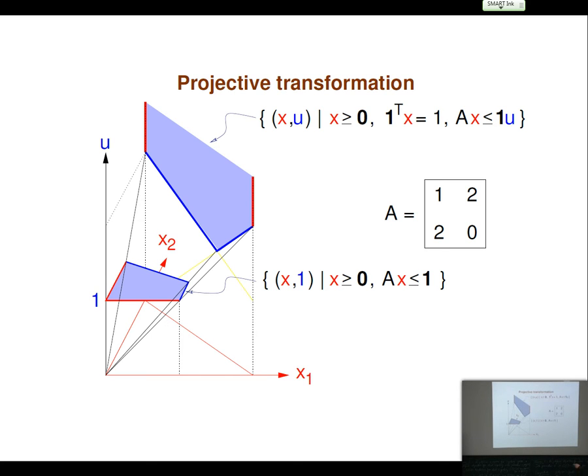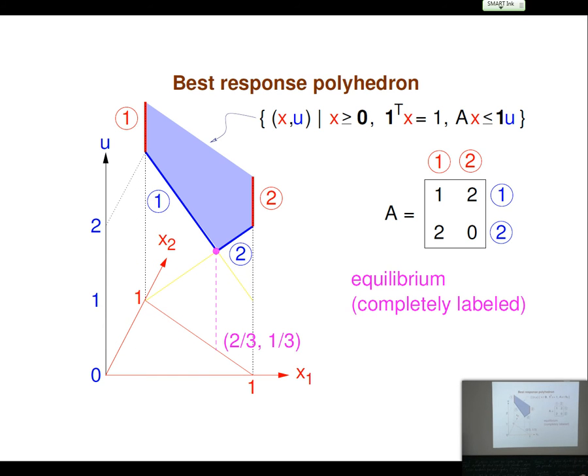It's a single variable, and that gives us a polyhedron where essentially for any mixture Y that the column player plays, this polyhedron is encoding what is the best response of the other player. So if we're over to this side of this point, it's uniquely the first row. If we're over to this side, it's uniquely 2. And if and only if we're exactly at this 2/3, 1/3, the payoffs of these two rows are equal and we can mix.